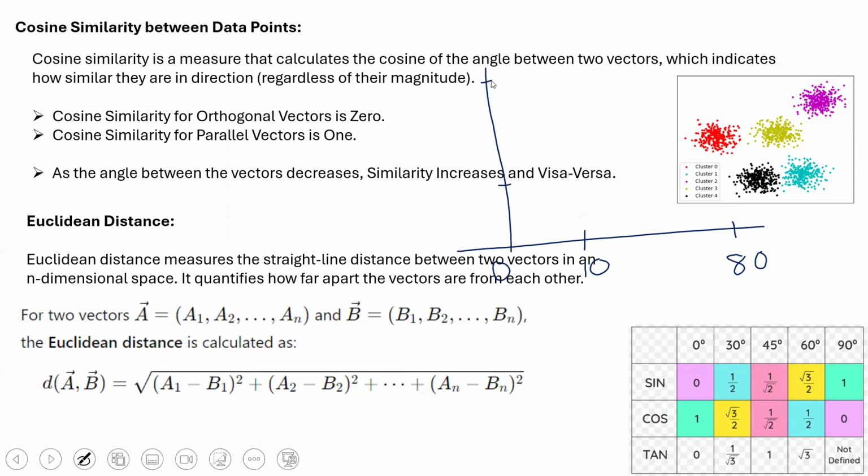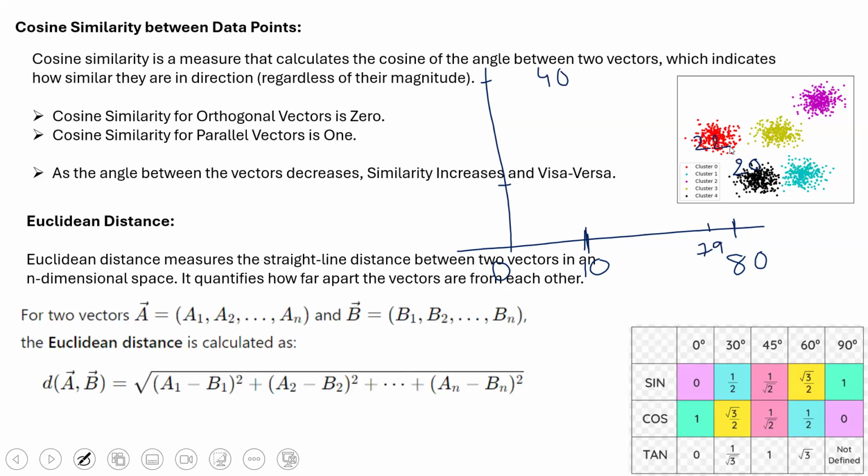The calcium level of the 10-year-old is, I would say, 40. And the calcium level of a person with 80 years is, I would say, 20. And I'll take another person, 79 years old, with calcium level 22.